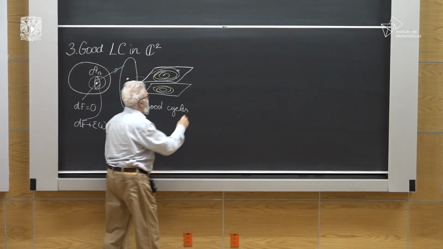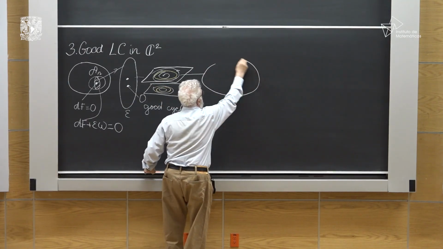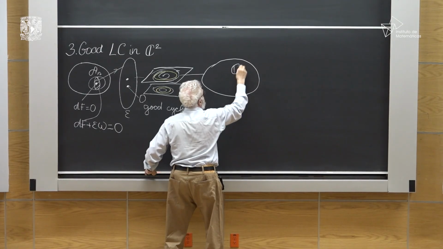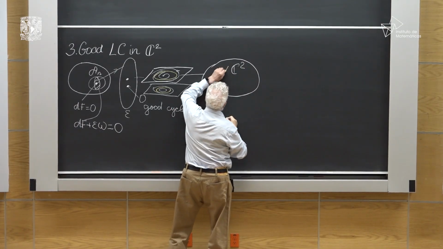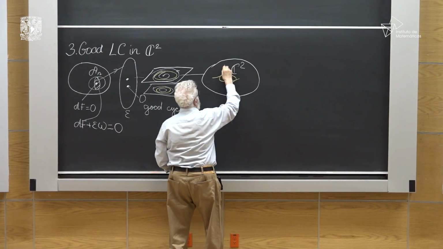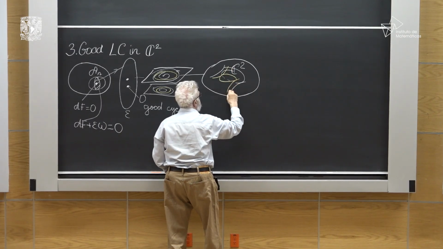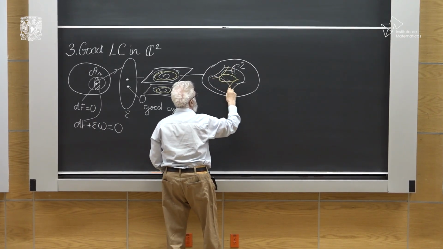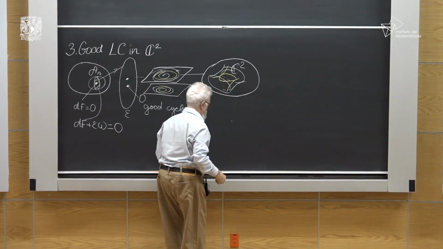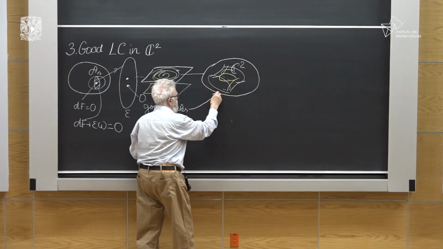In C square, the yellow cycle will lie on a Riemann surface, and all the other nearby solutions are Riemann surfaces that wind towards this cylinder at least near this cycle. So these are good cycles as well.